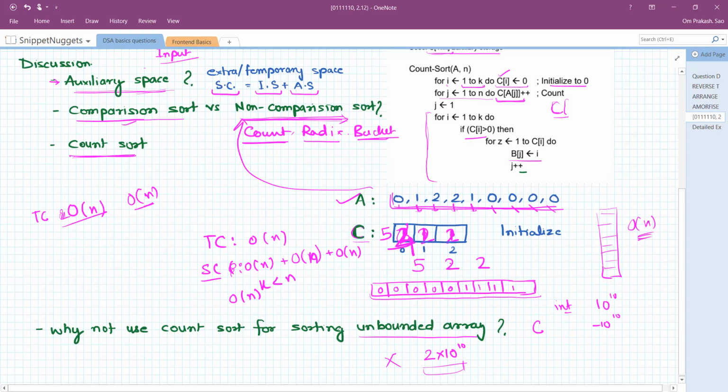Please note here n is not the input length, n here is the data type length. If the integer supports 10 to the power 10 as maximum and minus 10 to the power 10 as minimum, then our data type range will be our space complexity. So it is a total wastage of space, and that is why we don't use count sort for sorting a normal conventional array.